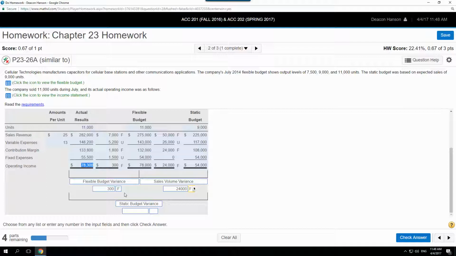So you just have to be careful, because sometimes you'll have an unfavorable flexible and a favorable. In that case, you'd have to subtract and get the difference. But in this case, they're both favorable, so I can just add 24,000 to 300. That's 24,300, and it's going to be favorable.